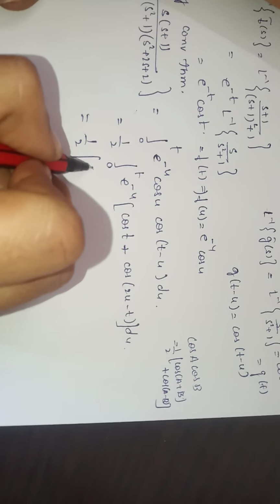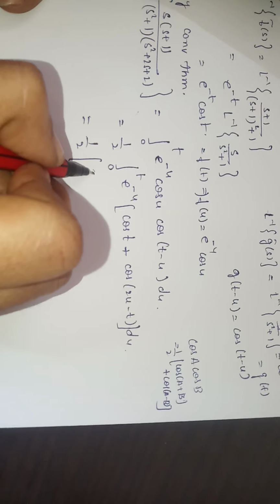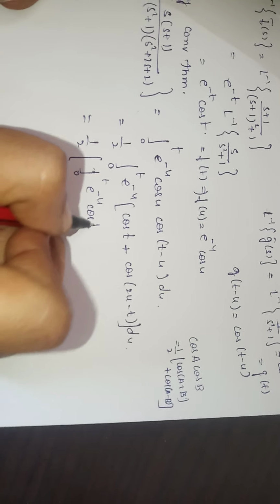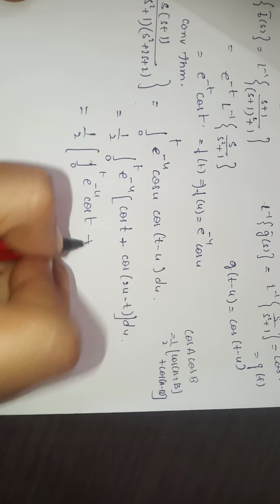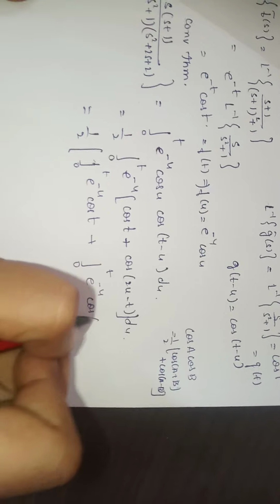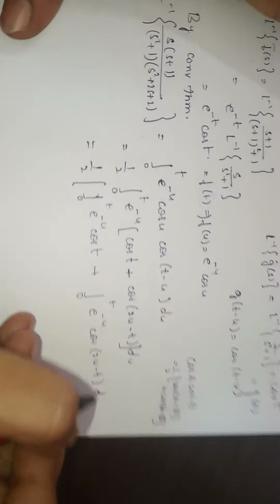Separating the terms first, this will be integral 0 to t e to the power minus u cos t plus integral 0 to t e to the power minus u cos of 2u minus t du.